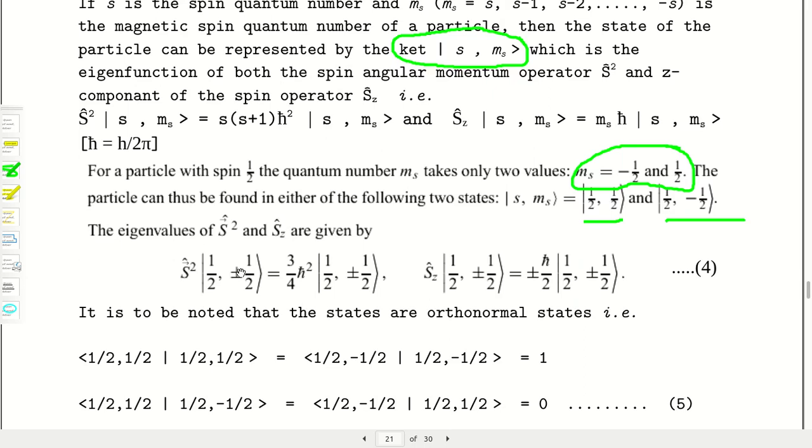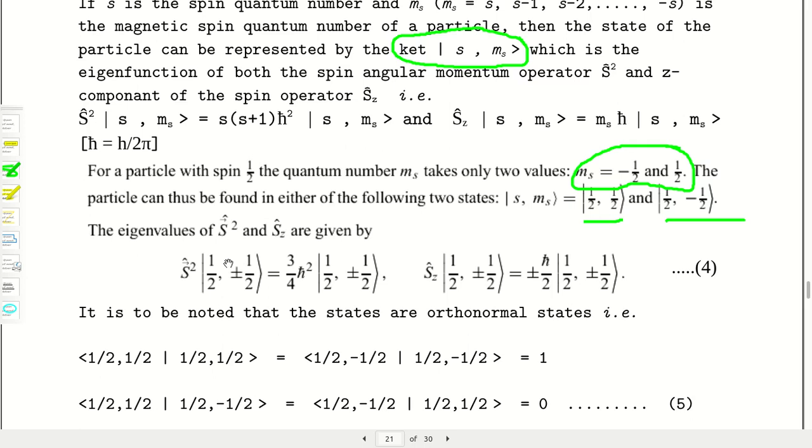Now the operator s square is the spin angular momentum square operator. It operates on the states half, plus half and minus half, and gives the result 3 by 4 h cut square, and reproduces the kets. This is the eigenvalue equation, where the operator is the s square operator.